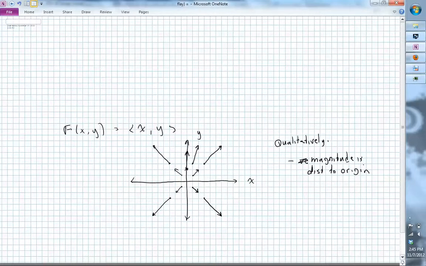Does everybody see that? Right. And how can you see that? Well, what's the magnitude of this vector? Square root of x squared plus y squared, which coincidentally is the distance to the origin. So the magnitude of one of these vectors is precisely the same as the distance its tail is from the origin.